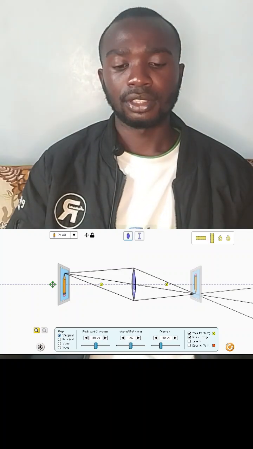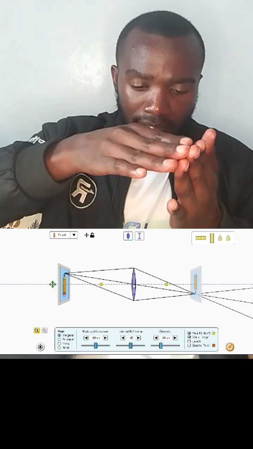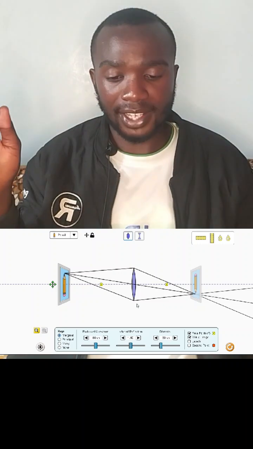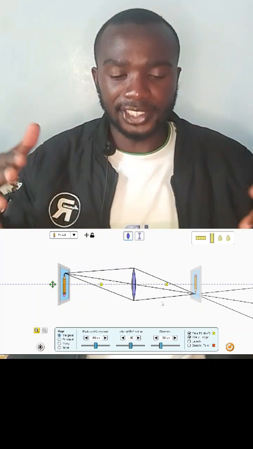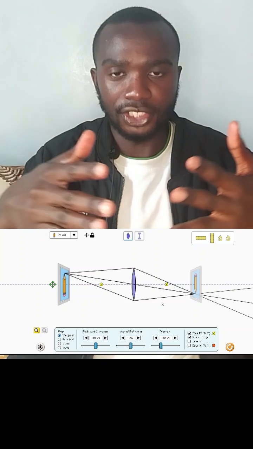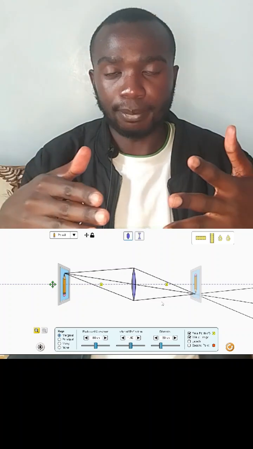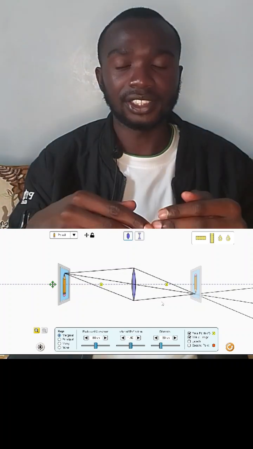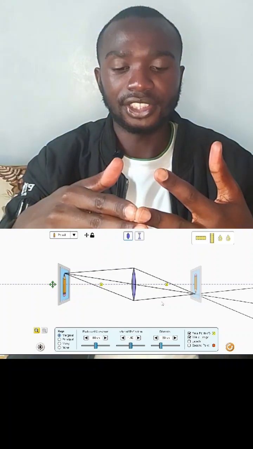Now these lights zikishafika hapa kwa lens, zinakuja pamoja, zinatoka place separate, zinakuja pamoja, yani they are being converged at a point. So the light rays are converged at a point after a refraction of light. So that is why these convex lenses are called the converging lens, because they converge the light rays at a common point after refraction.